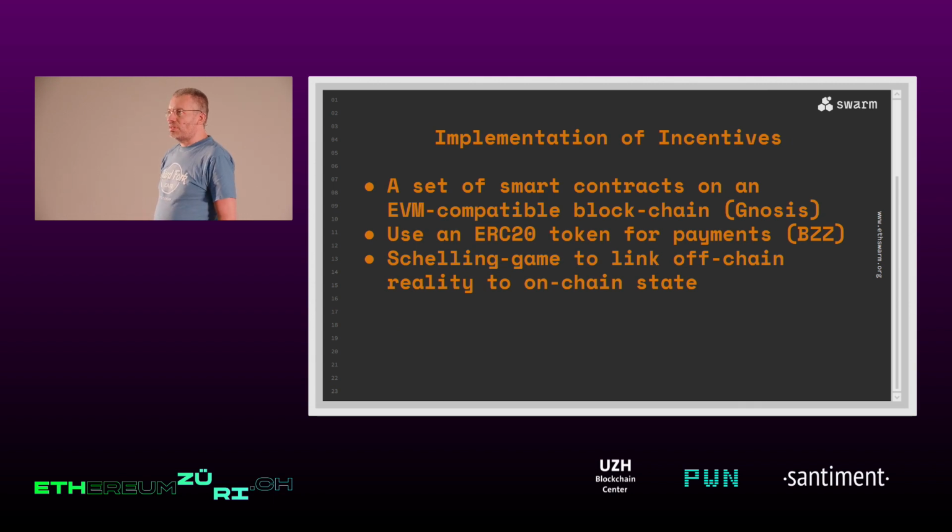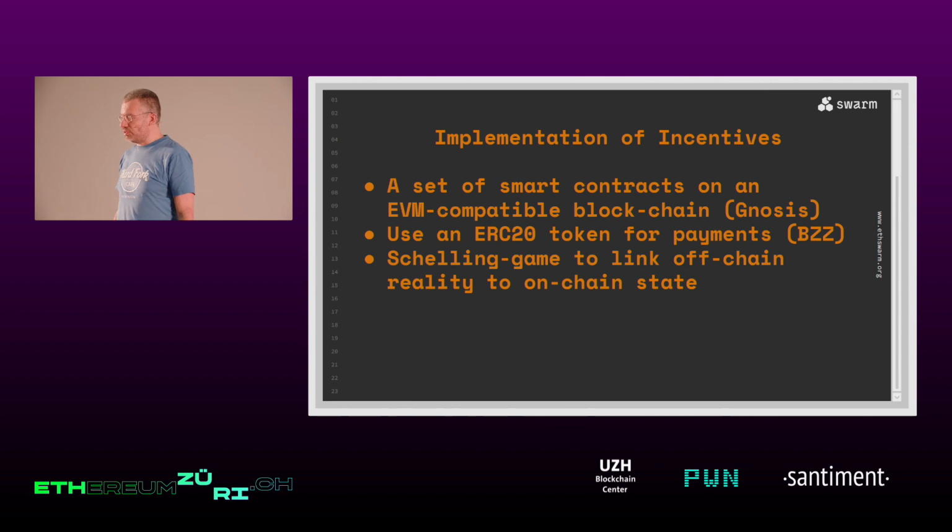So how do we implement it? It's implemented as a set of smart contracts on an EVM-compatible blockchain. Currently, we're using Gnosis. Originally, we wanted to do it on the Ethereum main chain, but unfortunately, it has become too expensive.